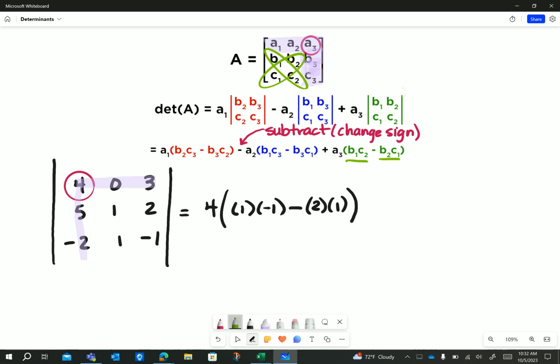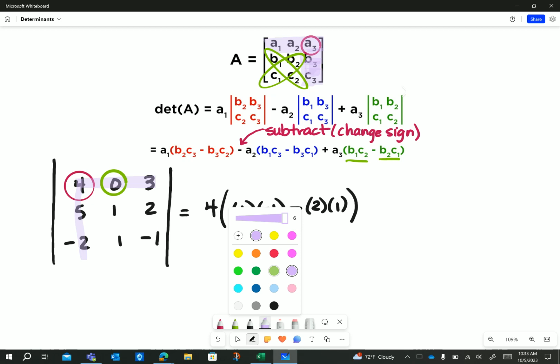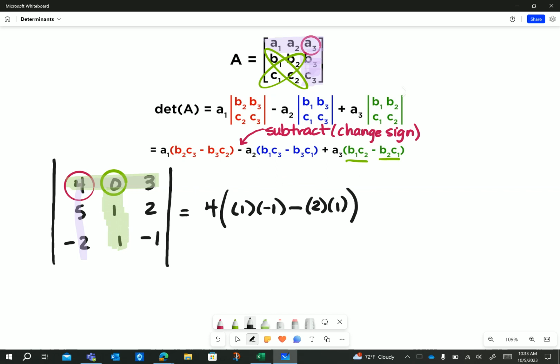Now we do it again, with a different color. We're going to focus on this number, and this time we'll highlight it in green. We cross out the first row and the second row. Now, with that second term, we always put a minus. So I'm going to put a 0.